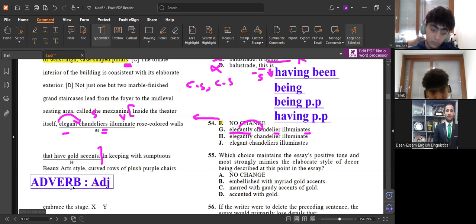Here we have the word verb, that means it modifies a verb again, and also an adverb. So the adverb can modify an adjective or a verb or an adverb, not a noun. That means G is wrong. Again, the mistake here: noun.